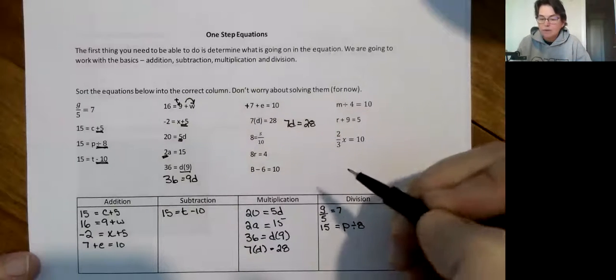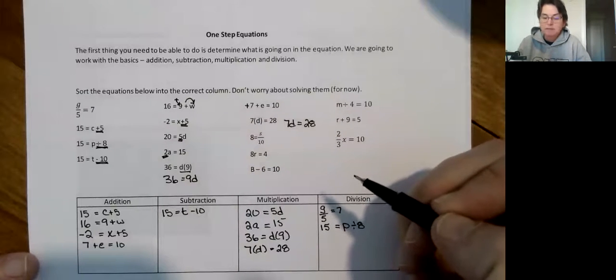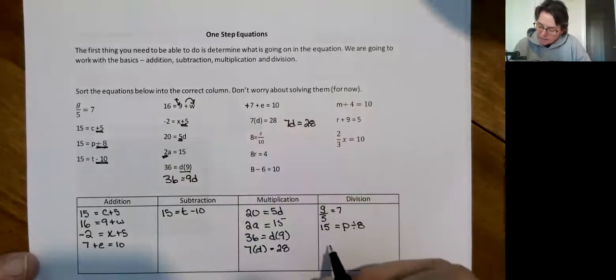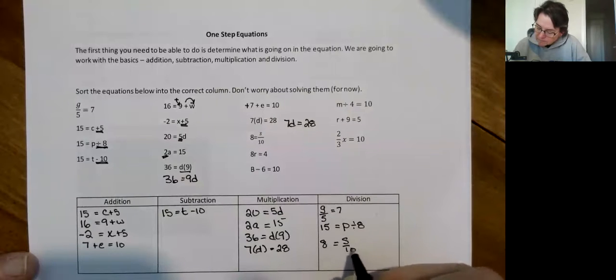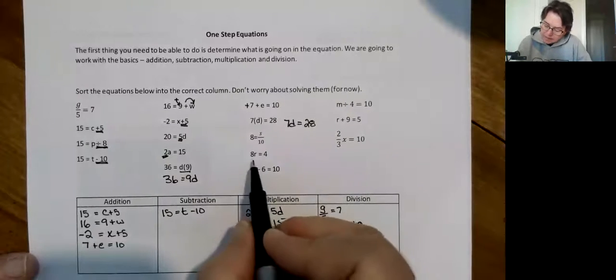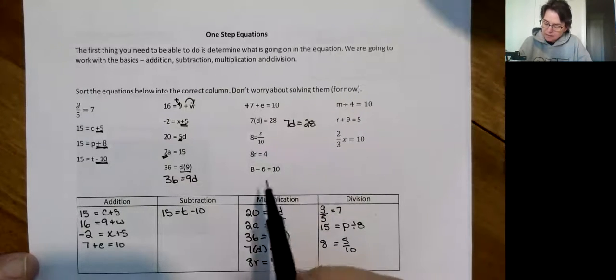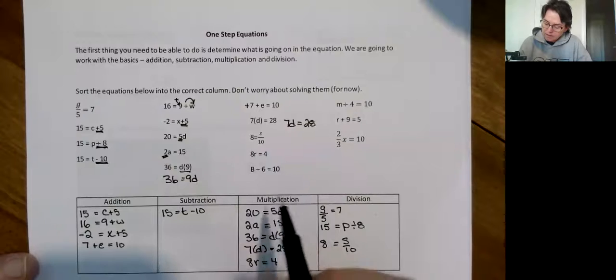I just wanted to throw in the brackets to remind you that it's the same thing. Oh, here we go. We got one with a division line in it, or with a fraction. So we know right away that's division. And 8r is 4. That is a multiplication question.